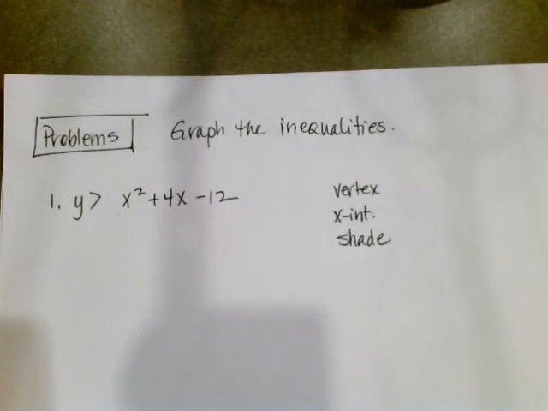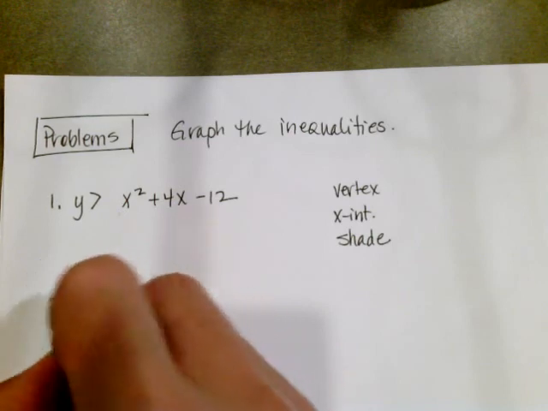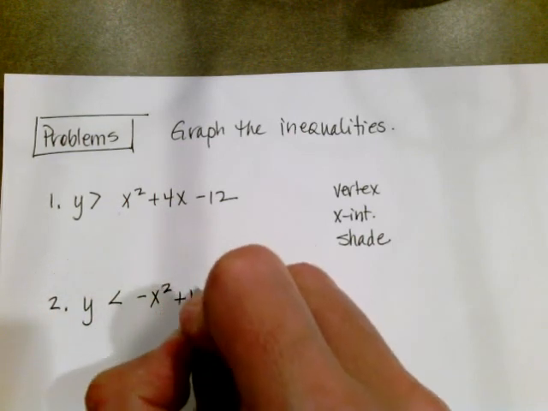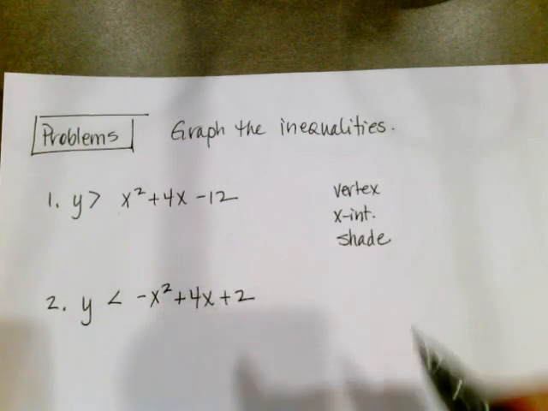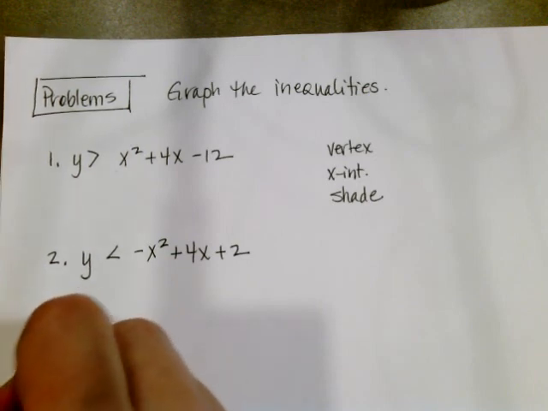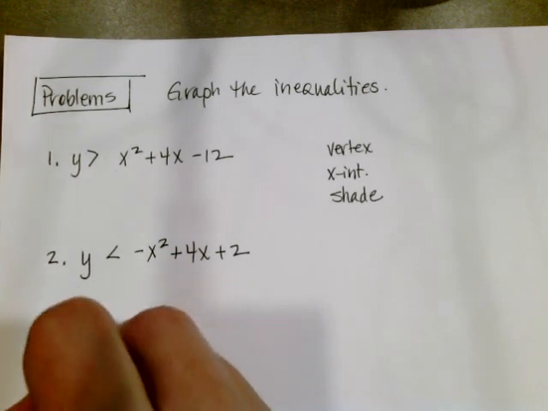Ah, a little better. All right, your second one is going to be y is less than negative x squared plus 4x plus 2. Remember the same process: vertex, x-intercept, and shade. And then your third one is going to be a system.